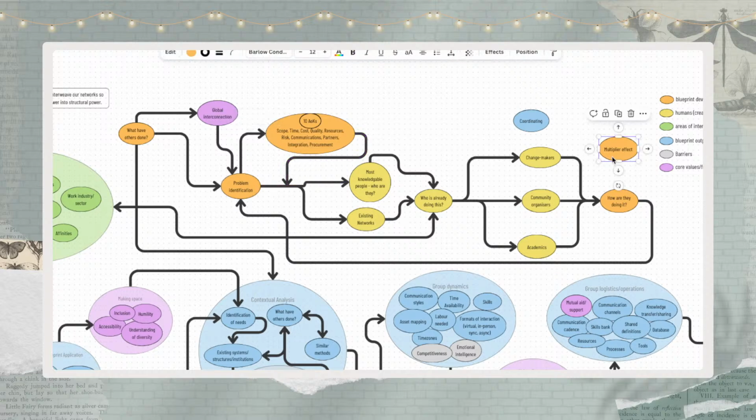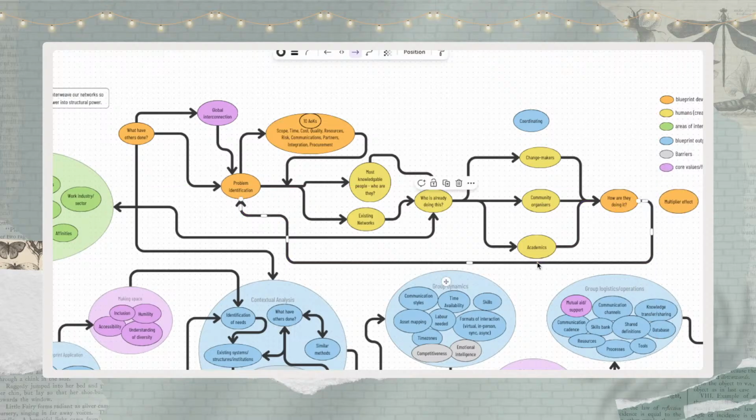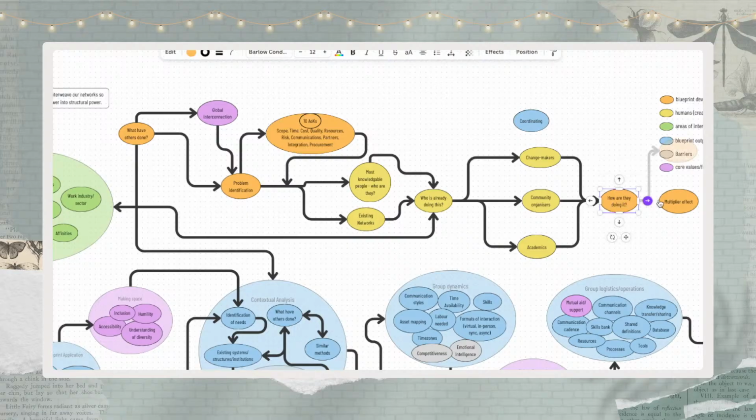Multiplier effect feeds multiplier effect, and multiplier effect feeds problem validation.